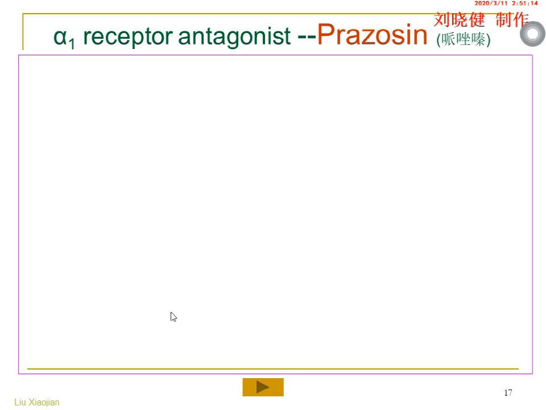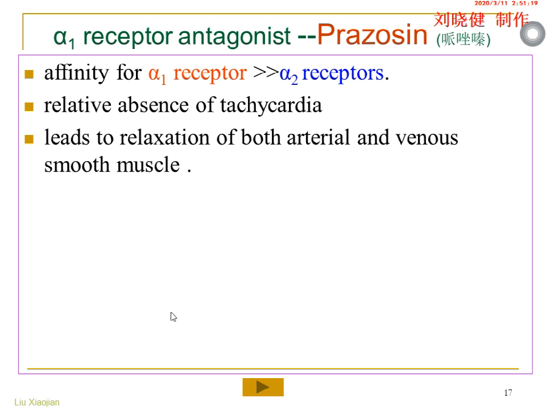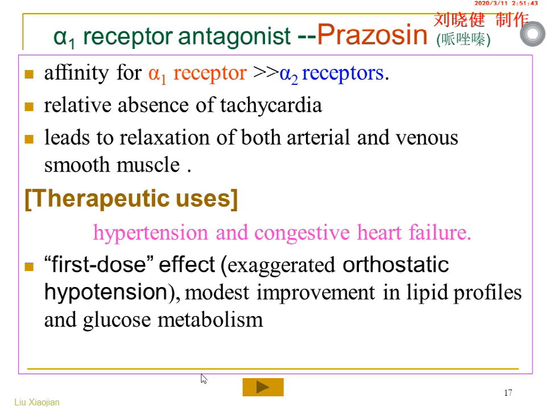But this one, a selective alpha-1 blocker, prazosin, is very useful. This drug has a relatively higher affinity for alpha-1 receptor than alpha-2. So compared with phentolamine, it has relative absence of tachycardia, and leads to relaxation of both arterial and venous smooth muscle. So it induces a decrease of blood pressure. This effect is very obvious.